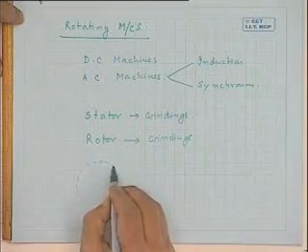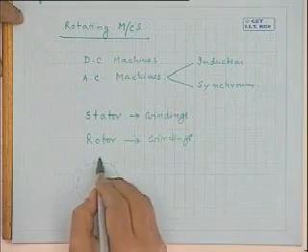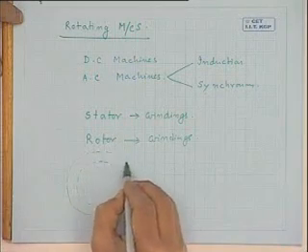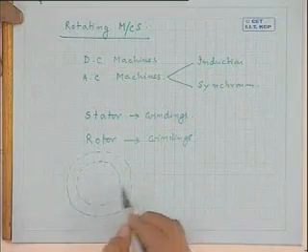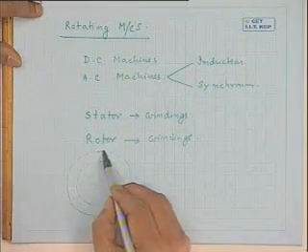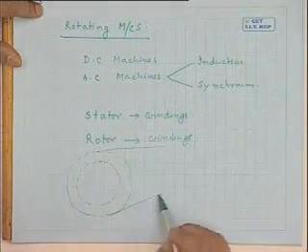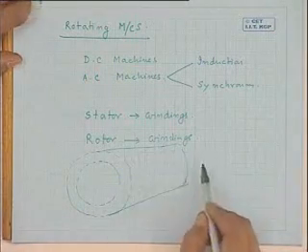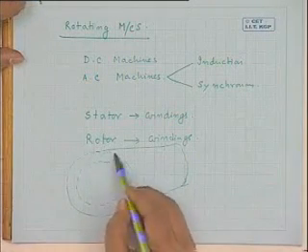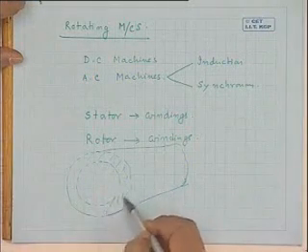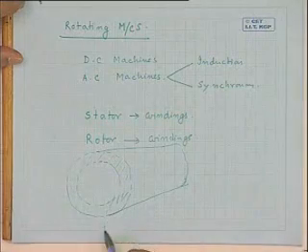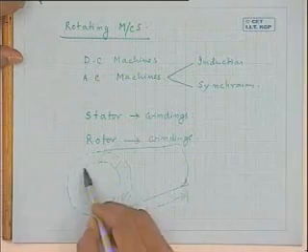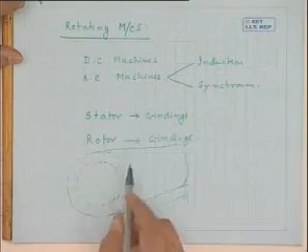In general, if I draw a cross-sectional diagram, a machine may look like this. Suppose you consider a hollow cylindrical structure made of iron, which has a length.